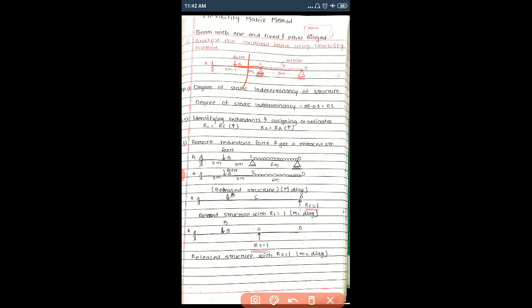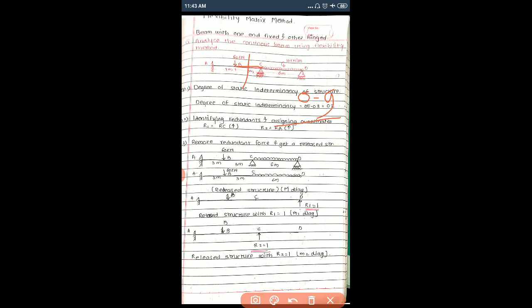If you consider D as origin, then the limit should be 0 to 6 plus 3, that is 0 to 9. 0 to 9 will be the limit if you consider D as origin.